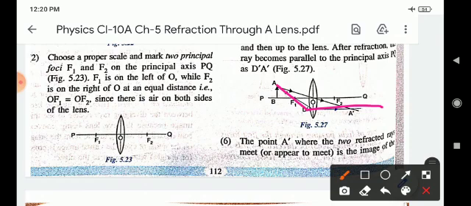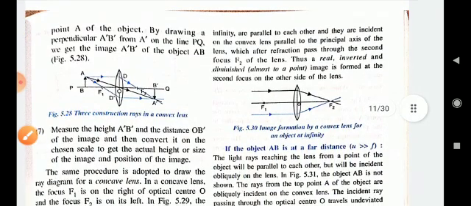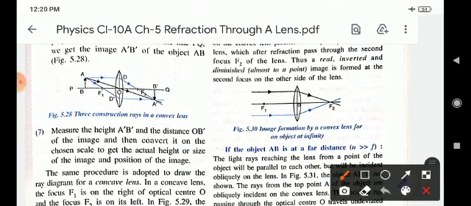Sixth point. The point A dash is where the two refracted rays meet or appear to meet.